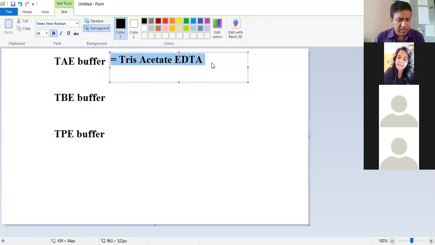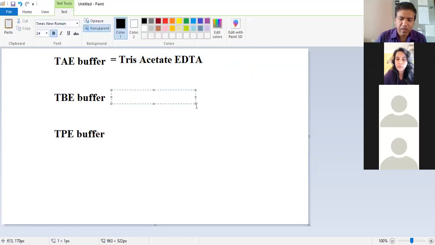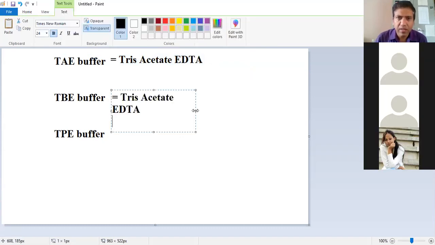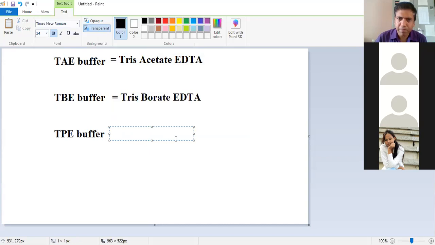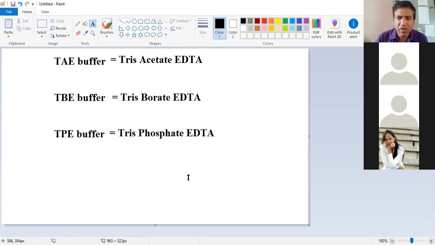Then the same thing in case of TBE buffer, the B stands for borate. And in case of TPE buffer, the P stands for phosphate. We are not going to discuss the third one. We'll discuss only the first and second because these are commonly used.